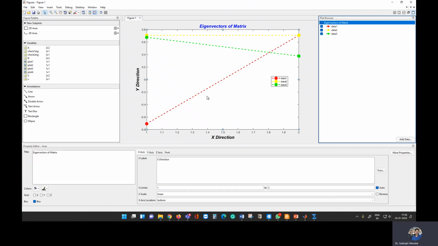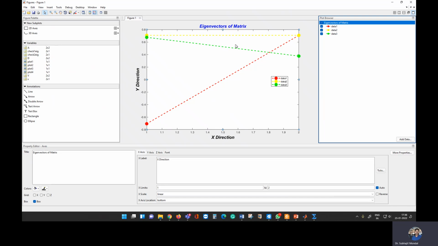Here you can see that this was the first eigenvector, and this was the second eigenvector, and this third one we achieve by taking a vector which is not an eigenvector, and we obtain a vector which is changing the direction. Here you can see it is neither following this direction nor this direction, it is changing the direction.